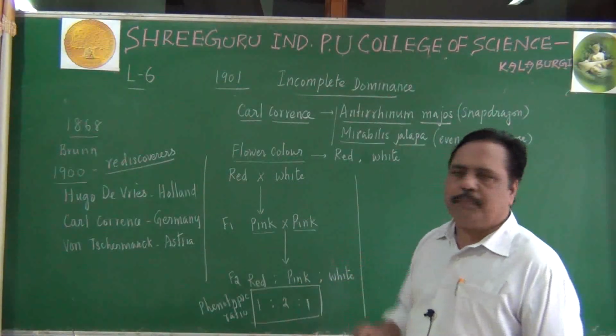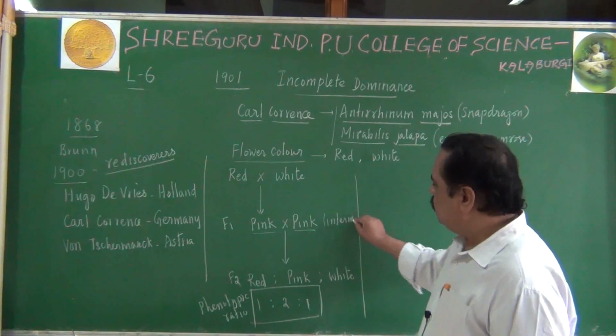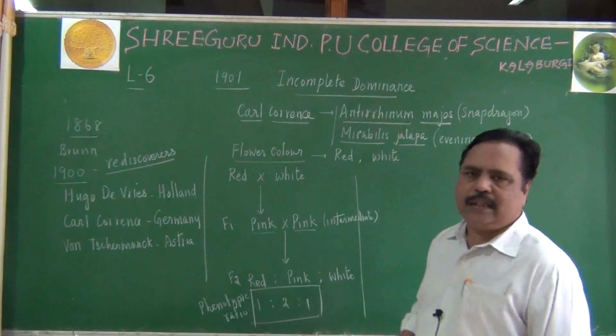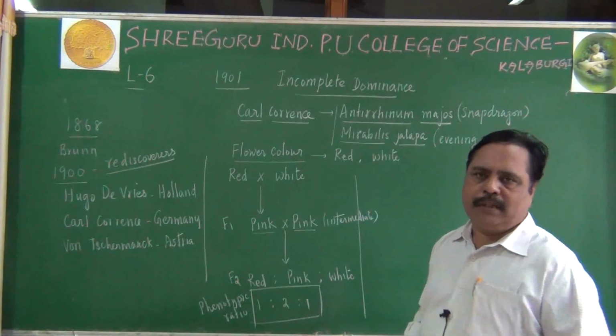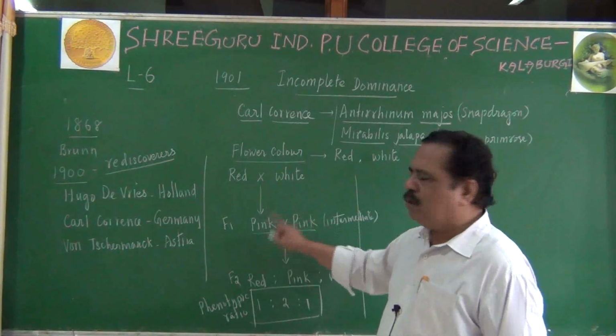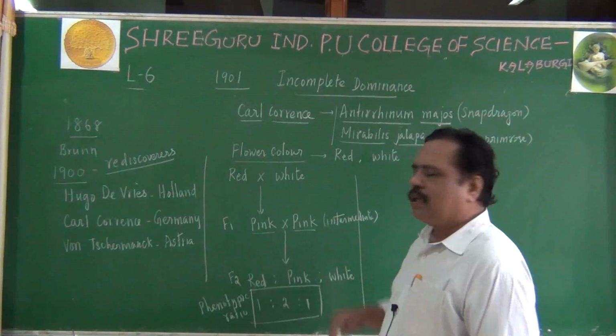A new character appeared here. This intermediate character appearing means there is no perfect dominance. It is called incomplete dominance. If red had dominated, it's okay, or white could have dominated. Both did not appear. You are getting a new variety.